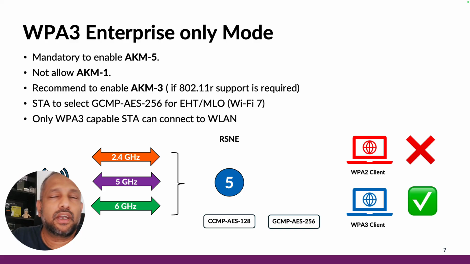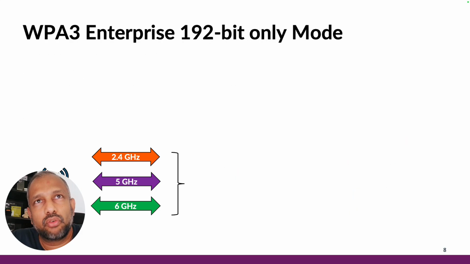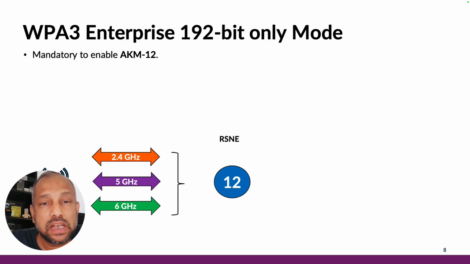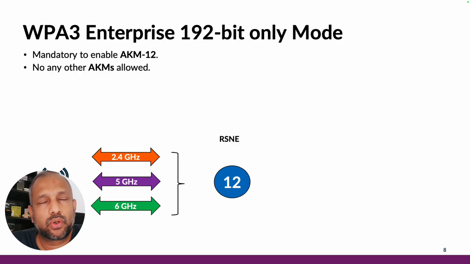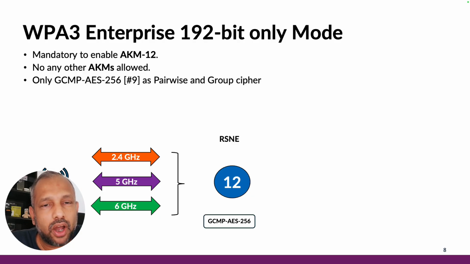Now we said in the enterprise only mode, there's another mode called 192-bit mode. This 192-bit mode is deployed in a highly sensitive environment. In that way, we are only advertising AKM value 12. Okay, so there are no other AKMs allowed, only AKM value 12, and you have to use 256-bit encryption for your unique pairwise cipher, that's for unicast traffic, and the group cipher for your broadcast traffic.